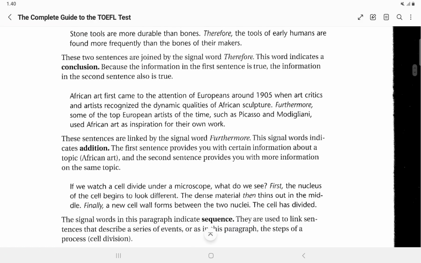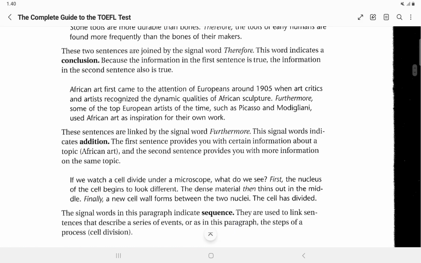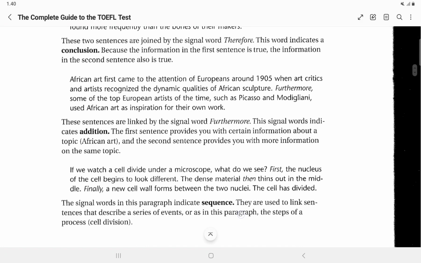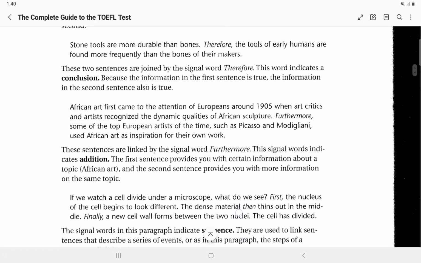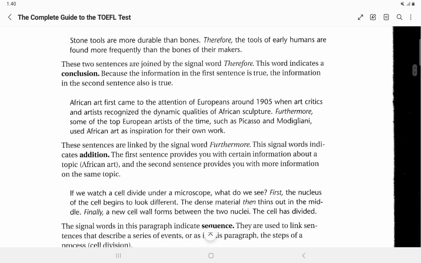Tools of early humans are found more frequently than the bones. These two sentences are joined by the signal word therefore. This word indicates a conclusion. Okay, conclusion. Because the information in the first sentence is true, the information in the second sentence also is true.